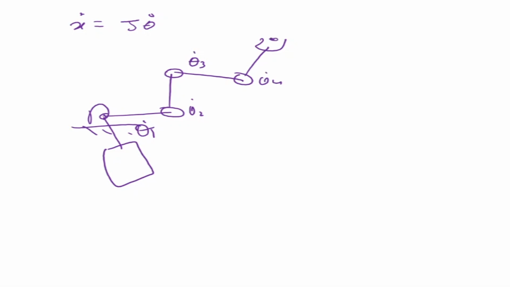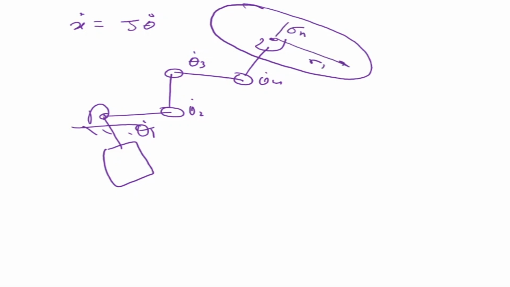In which direction can the end effector move easily, and in which can it not? The ellipsoid can become like this, so I need to know sigma 1 through sigma n.